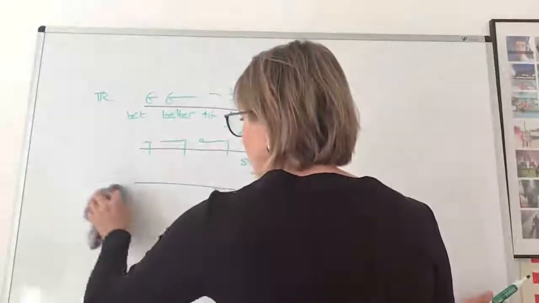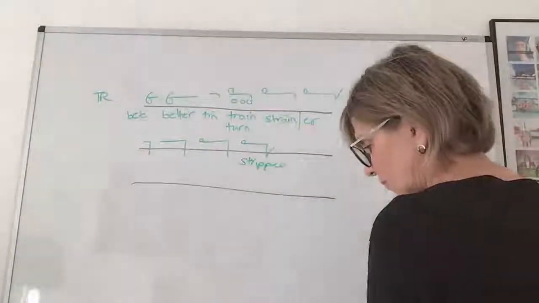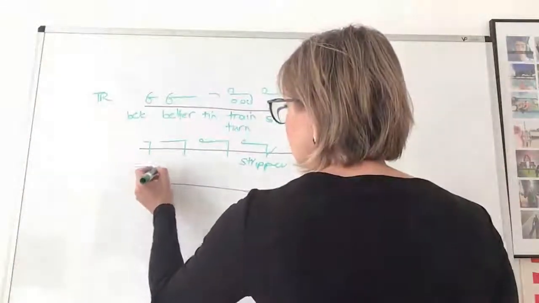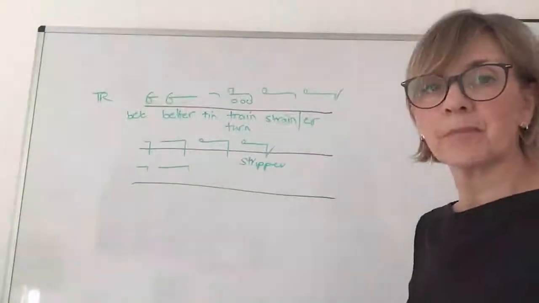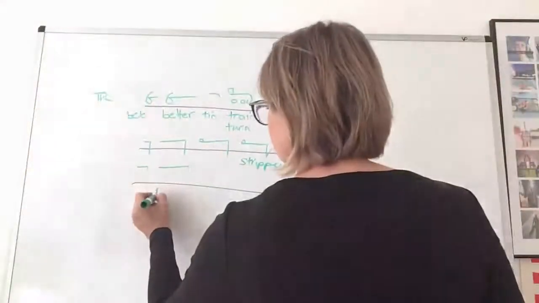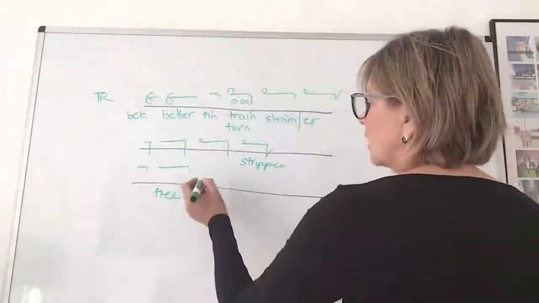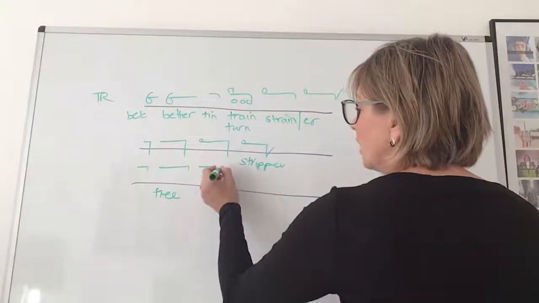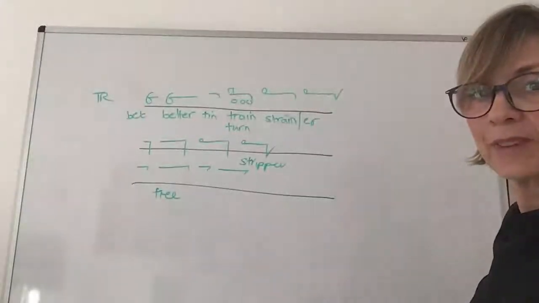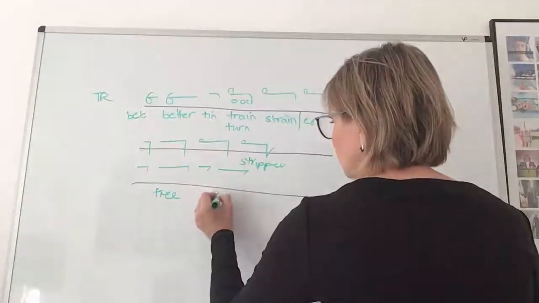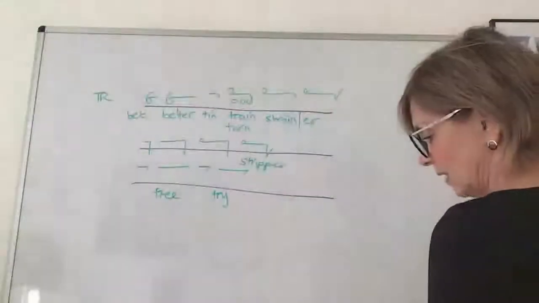Let's do the DRs. T becomes tree. Tie becomes try. I'm sure you're getting the hang of it now.